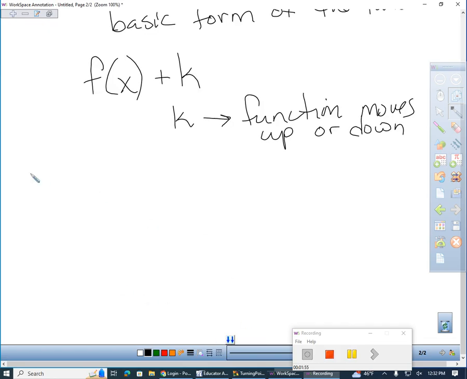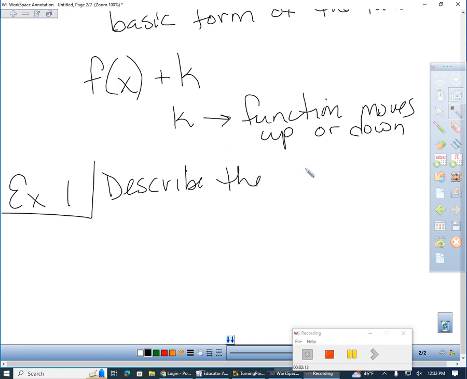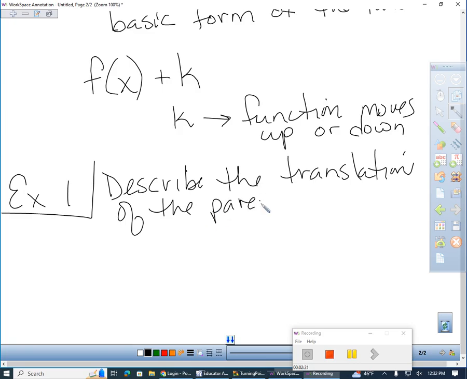So here we go with example number 1. Describe the translation of the parent function y equals x.